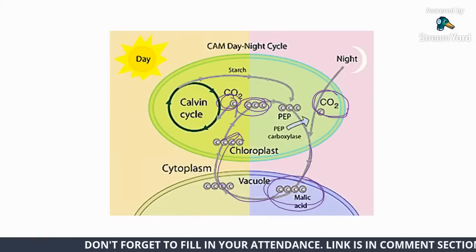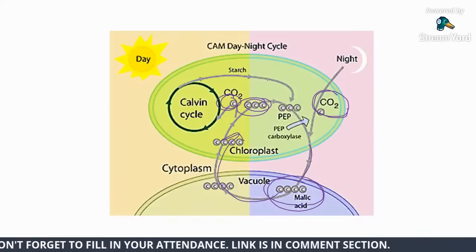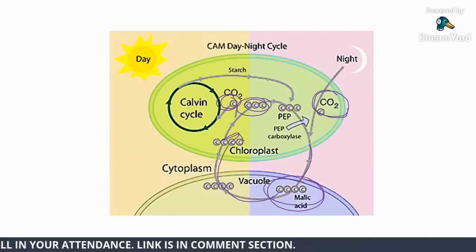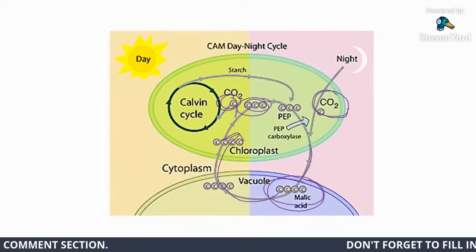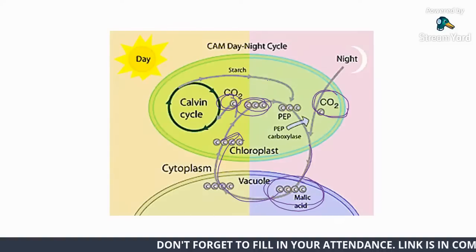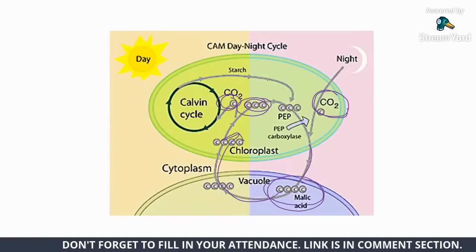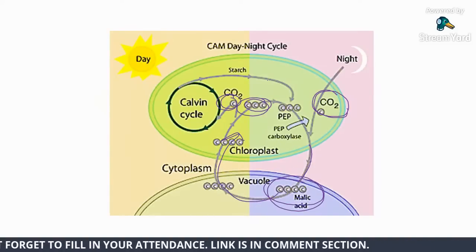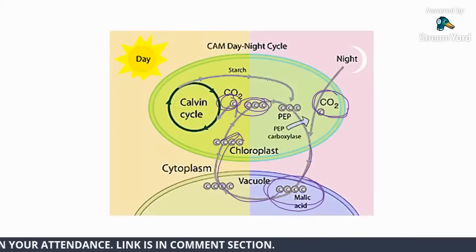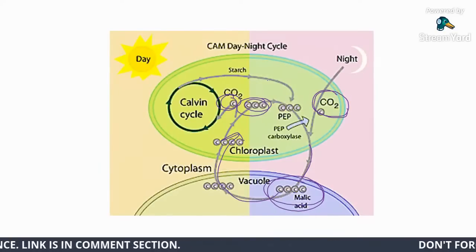Right, so basically CAM plant as well as C4 plant are nearly similar. Both ada PEP carboxylase, both are fixing CO2 into PEP first and then baru malate akan break down into pyruvate dan juga carbon dioxide.